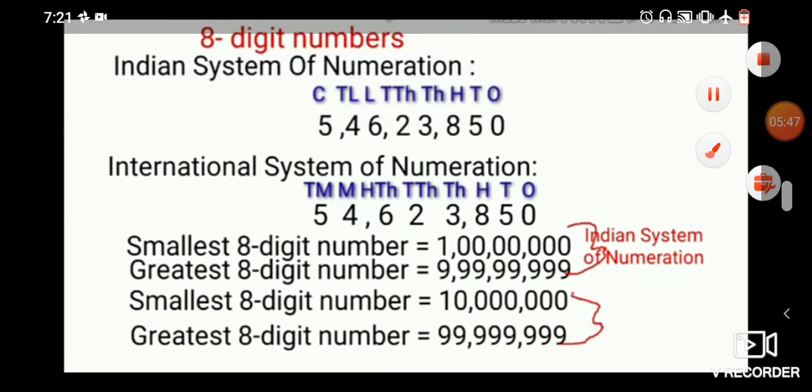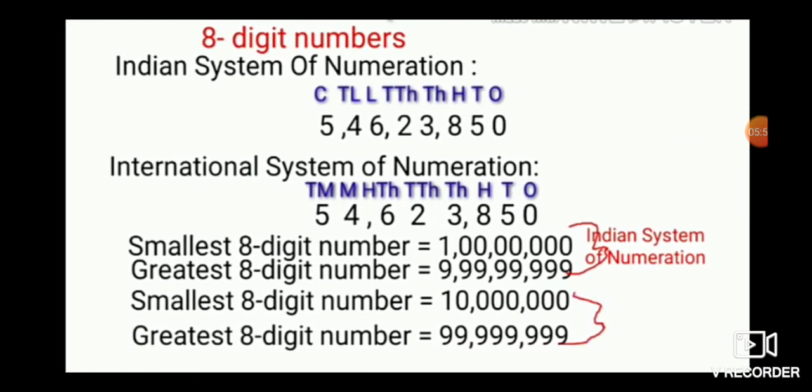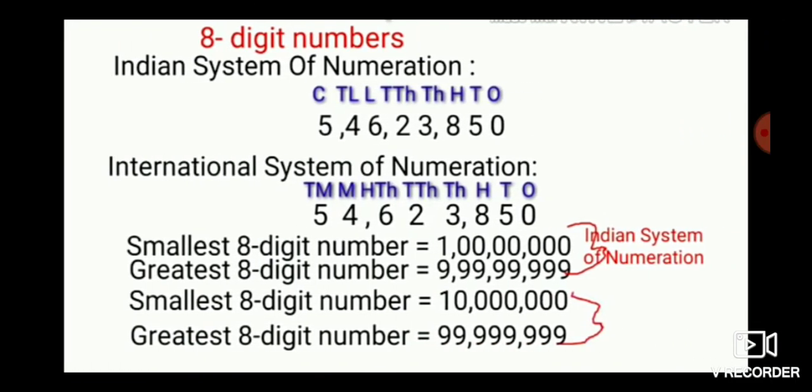You can see here, I cannot place the mark, sorry, but in the smallest 8-digit number in the Indian system there is a comma after 3 digits, then after 2 digits, then after 2 digits, but in the international system the comma comes after 3 digits, then after 3 digits. It means that we can read 1 crore as 10 million, and 9 crore 99 lakh 99,999 we can read as 99,999,999.